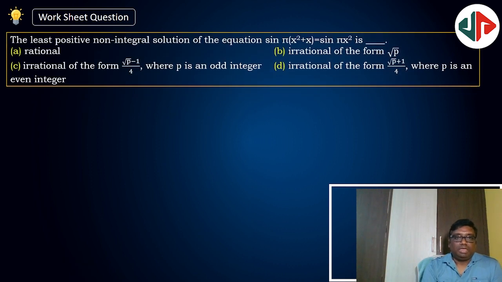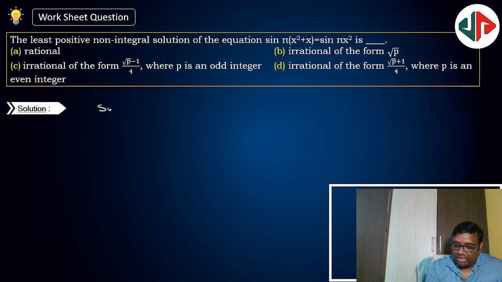The least positive non-integral solution of sine of pi times x square plus x is equal to sine of pi times x square is? Let us see what is given here. Sine of pi times x square plus x is equal to sine of pi times x square.